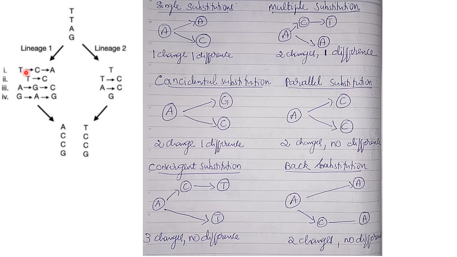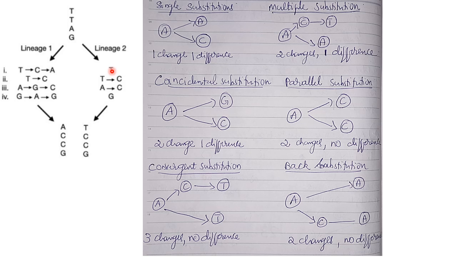So if you see, T is getting converted to C, C getting converted to A. But in lineage 2, it is T only.